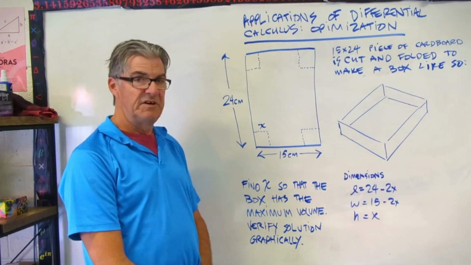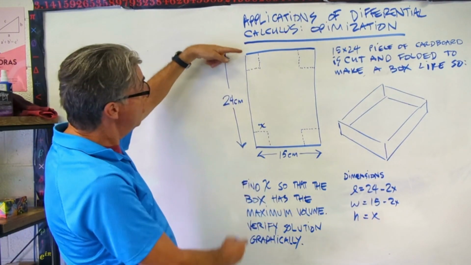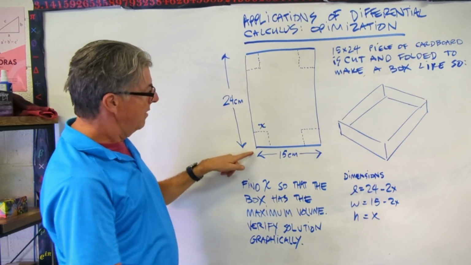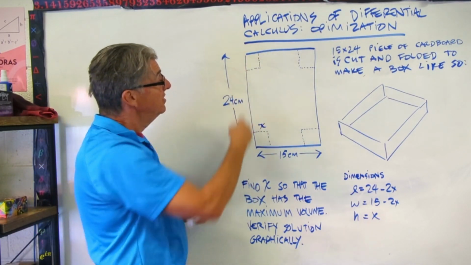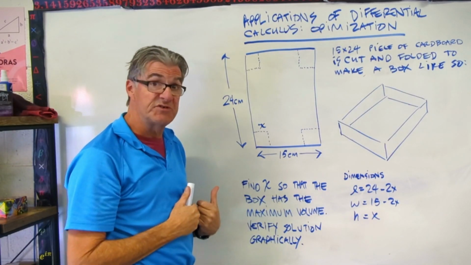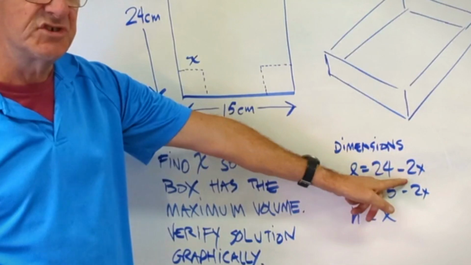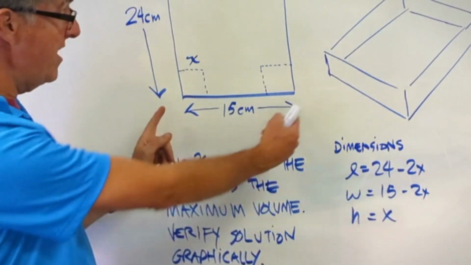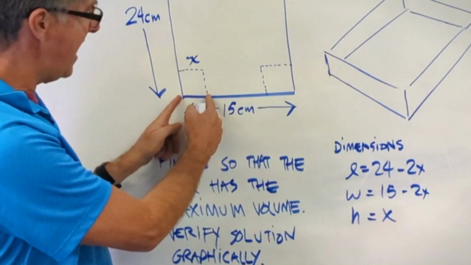Okay, so we're going to call this the length, and we know that this is 24, but we're cutting out x. This distance here is also x, so it's going to lose two of those x's. So the length is going to be 24 minus 2x. Same with my width. The total piece of cardboard is 15, but again, we're going to cut out x.